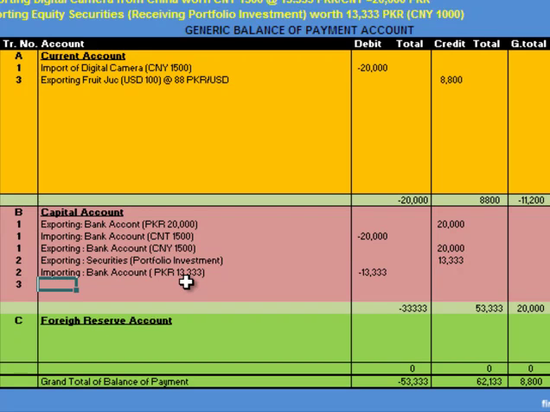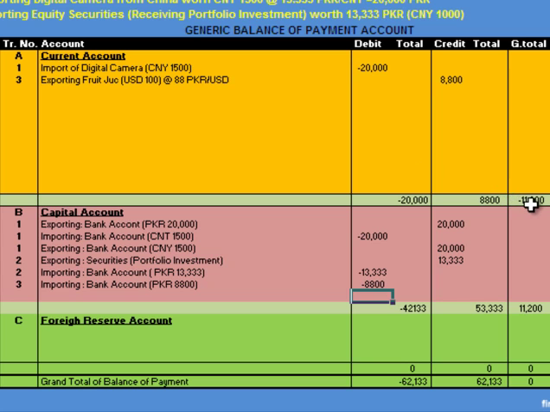So the third item would be recorded here as importing bank account, and the amount is Pakistani rupee 8800, and this import would be recorded as debit and would be recorded with the negative sign, so negative 8800.